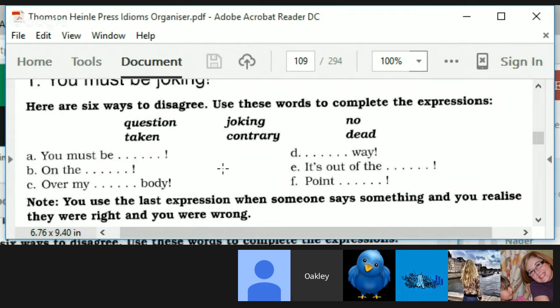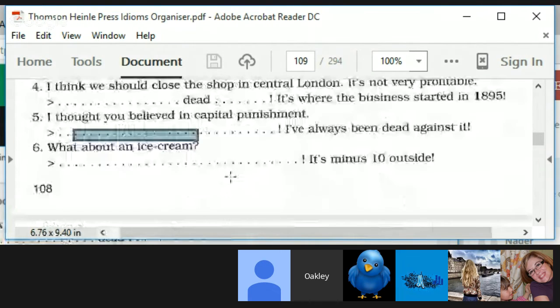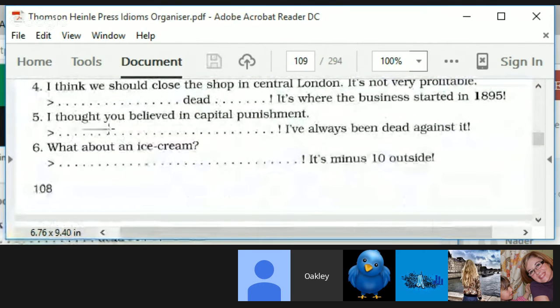Yes, you must be joking, or on the contrary. Exactly. Both of them would work perfectly fine here. Absolutely. On the contrary, I've always been dead against it. Yeah, since it is such a direct contrast to the person's belief, I agree with you. That's logical. I buy that.